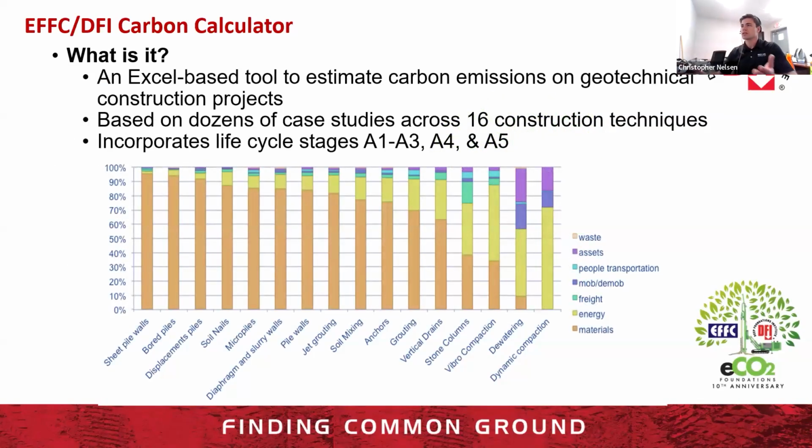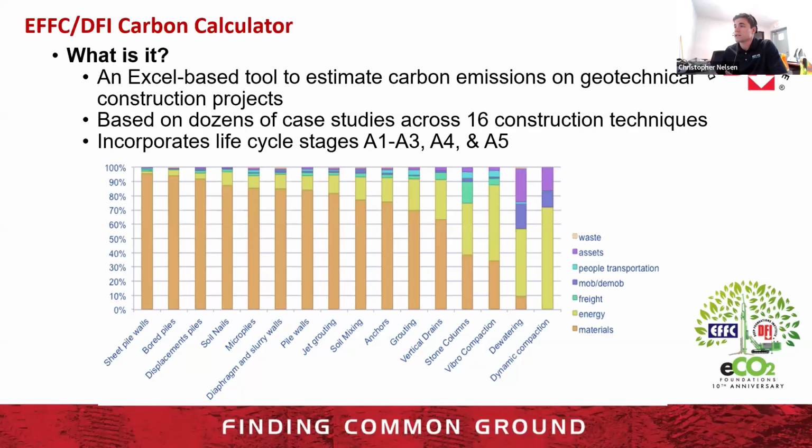All right, so this carbon calculator tool, what is it exactly? This calculator is an Excel-based tool to estimate carbon emissions for geotechnical construction projects, as you might expect. And it's based on dozens of case studies across 16 different construction techniques. And it was put together originally back in the early 2010s and has continued to be maintained and updated in the intervening years.